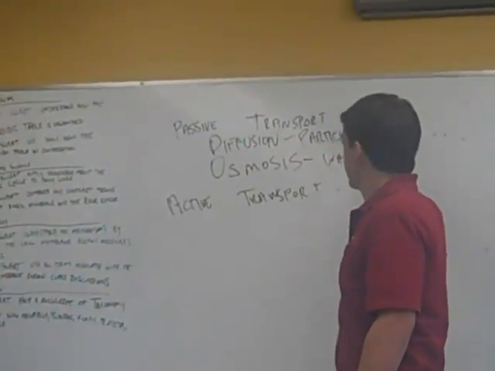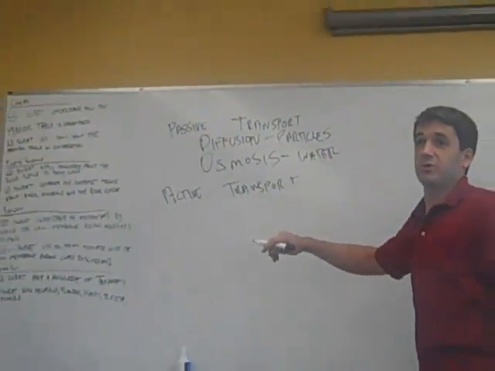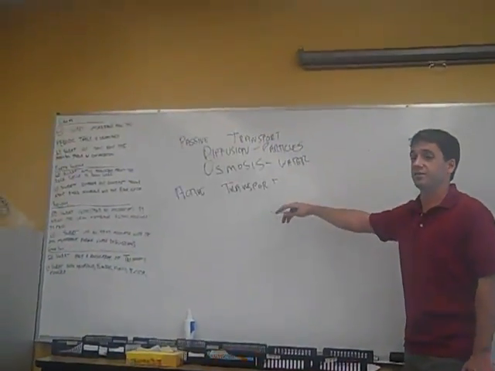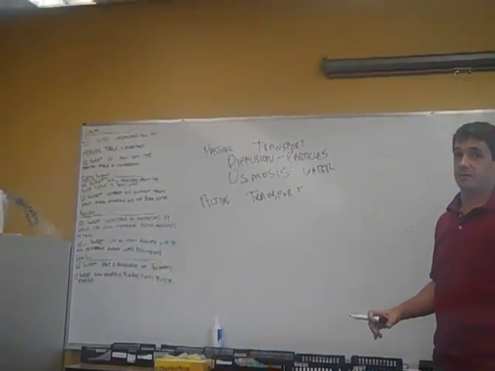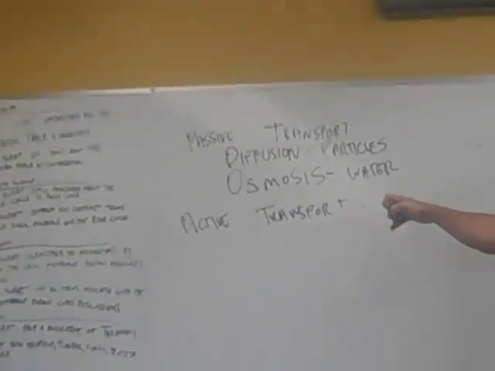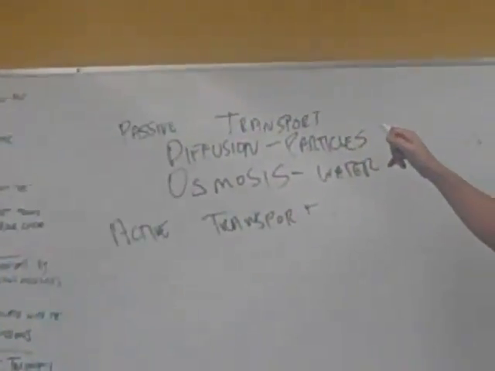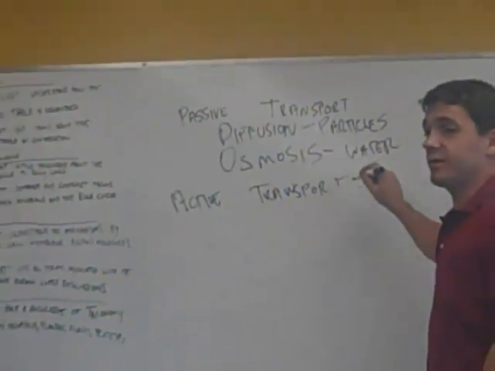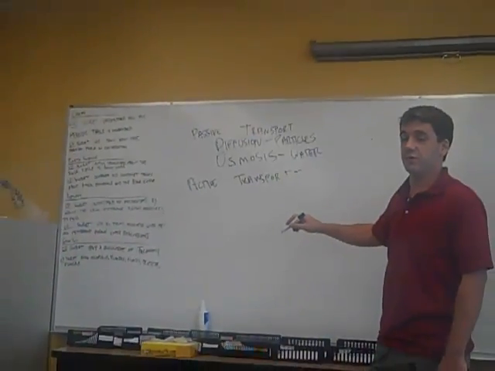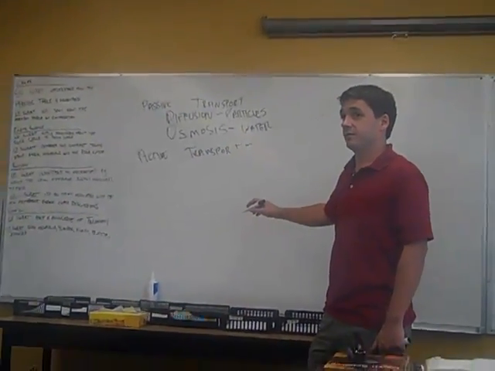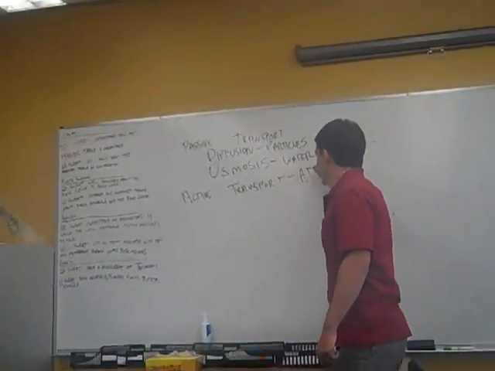Okay, so Jennifer, you came in late, so I'm going to put you on the spot. Which one uses energy, active or passive transport? Active transport. And what's the type of energy called? It's 3 letters we learned about. ATP, good.